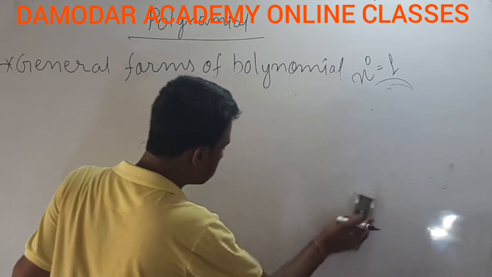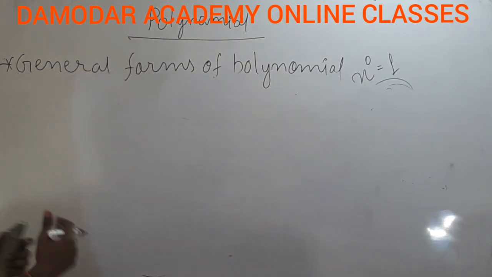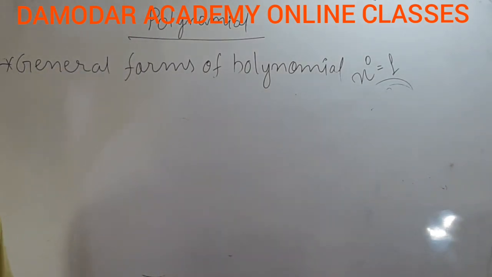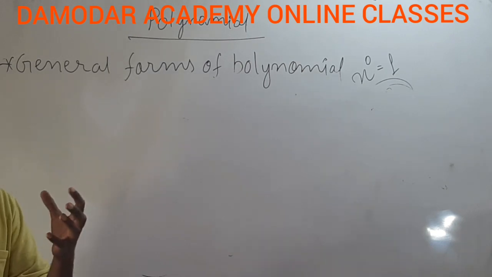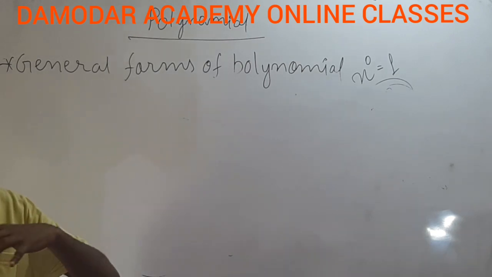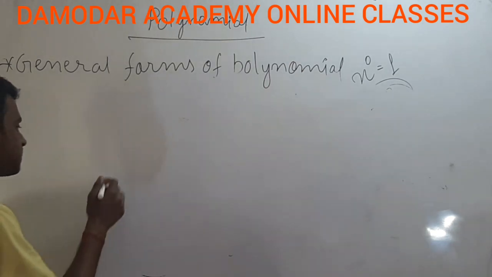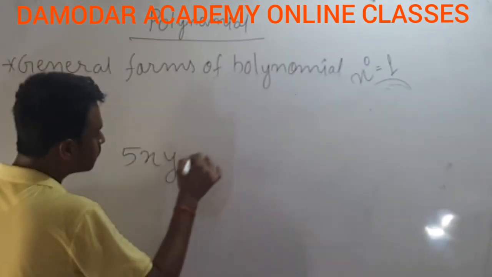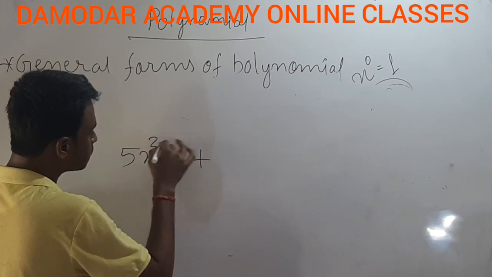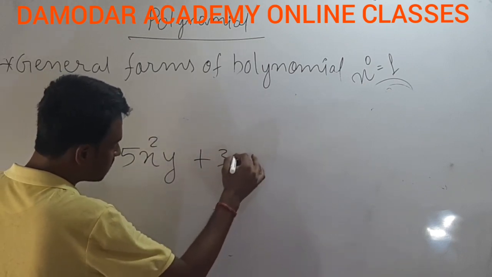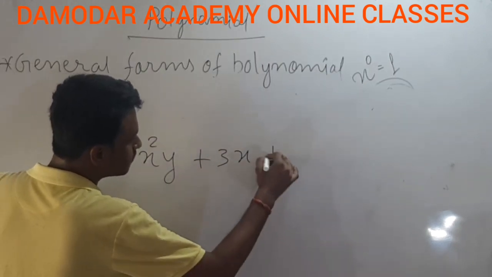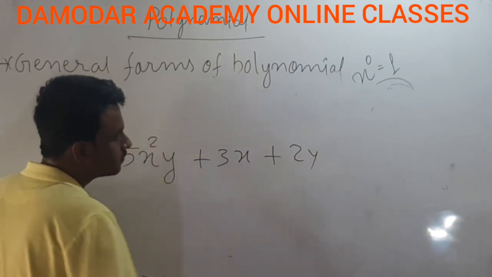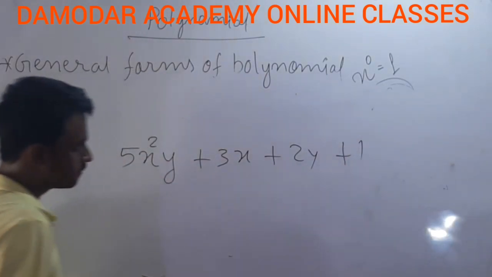Now look at another example. Now we will look at a polynomial in which there is more than one variable. For example, 5xy plus 3x plus 2y plus 1.